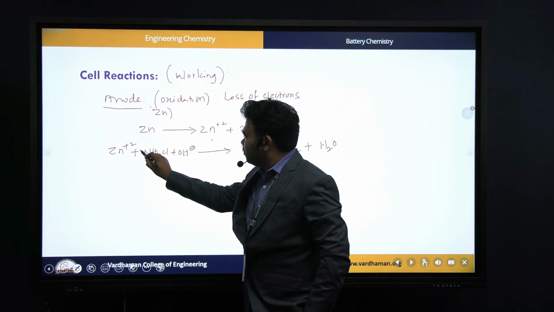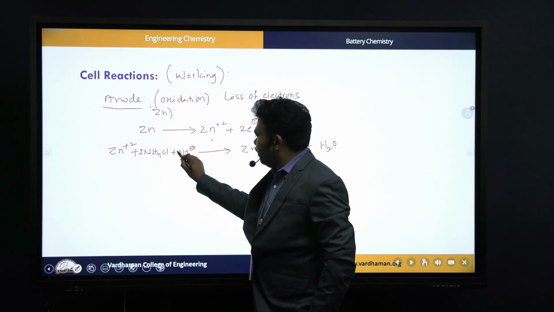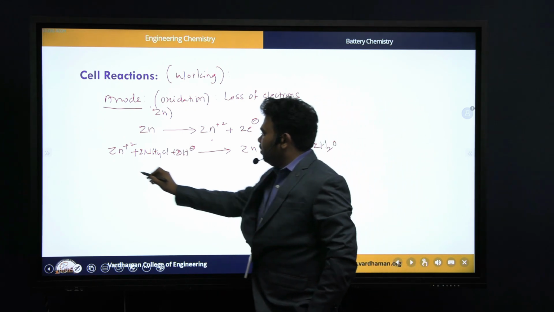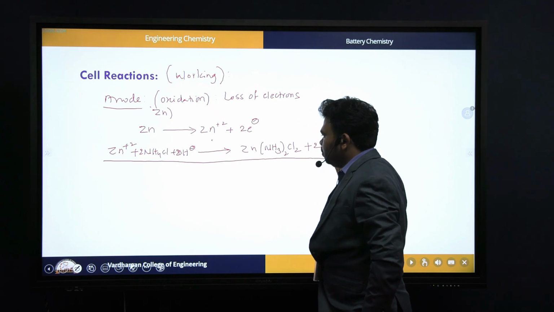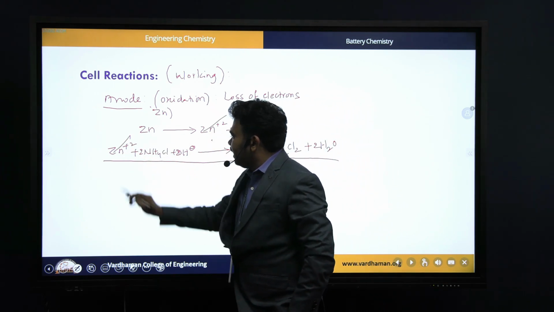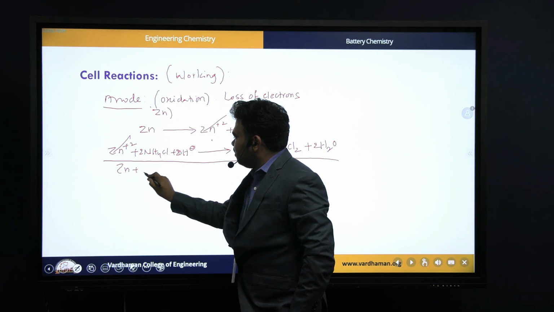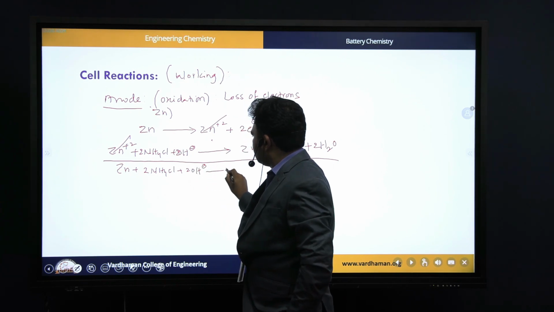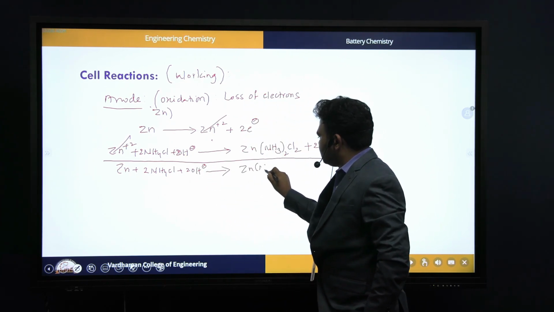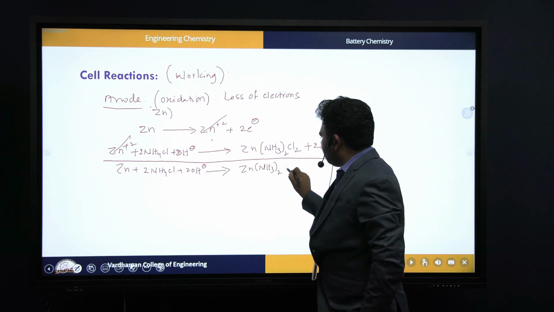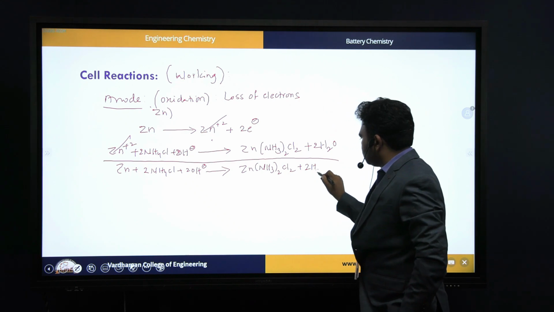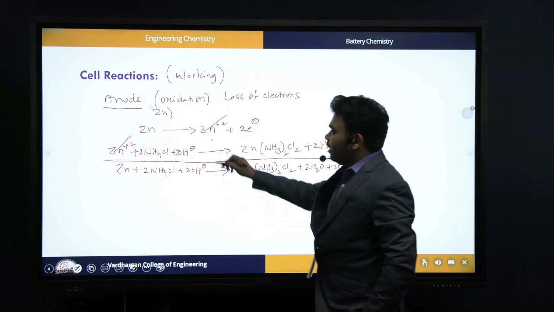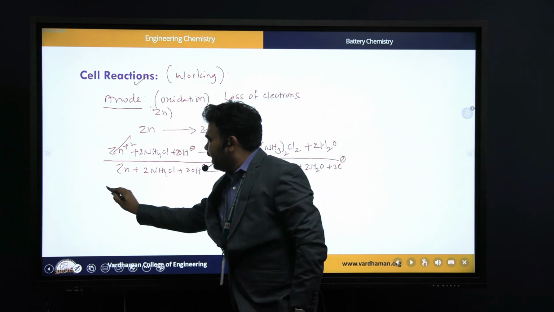We have to balance the equation: Zn2+ + 2NH4Cl + 2OH- gives Zn(NH3)2Cl2 + 2H2O. Combining these two reactions, the common terms get cancelled, and the net reaction is Zn + 2NH4Cl + 2OH- gives Zn(NH3)2Cl2 + 2H2O + 2 electrons released. This is the reaction we observe at the anode.